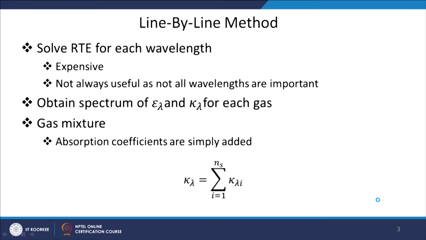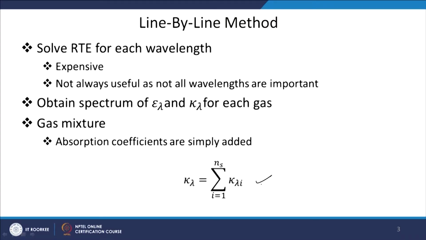The most accurate method for solving the radiative transfer equation, especially the spectral part that we are talking about, is the line by line method. How to solve the radiative transfer equation in space and direction we have already discussed. Now, we have to integrate over the spectrum. So, we are focusing on the spectrum part here, and the line by line method means that we have to solve the radiative transfer equation without any simplification at each and every wavelength.